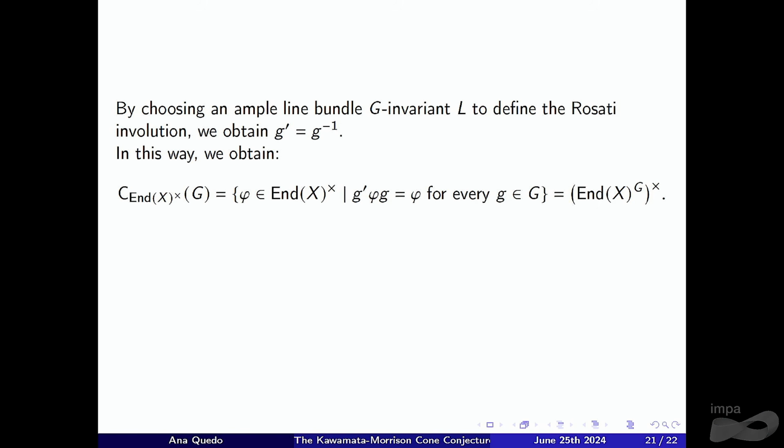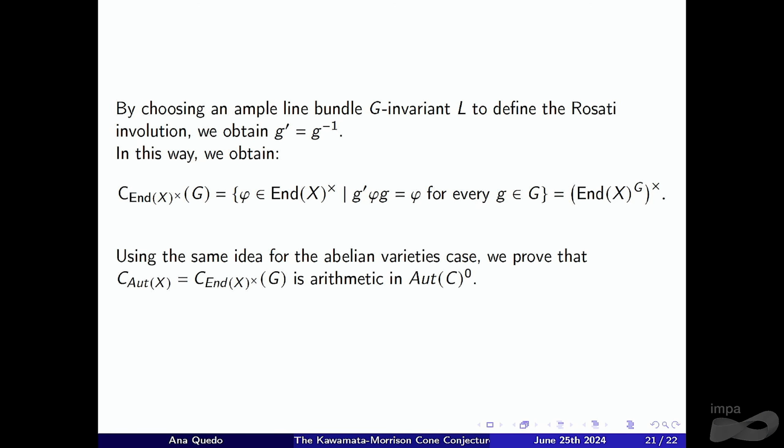And when we do that, by definition, our centralizer is exactly the invertible elements here that are fixed by G. And using the same idea as for the Abelian case, we are able to prove that this is arithmetic in the automorphism group. And thank you. This is all.